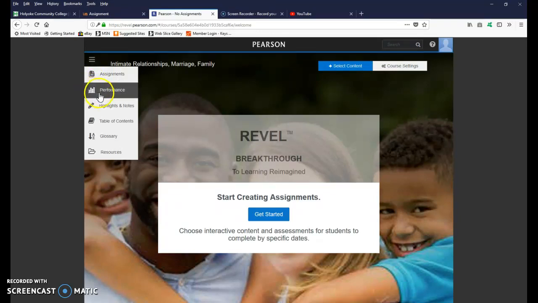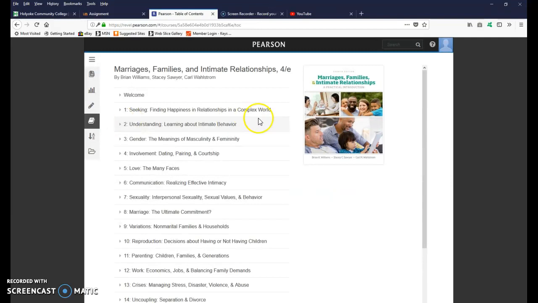Performance, this little graph, again, you don't have to worry about that. That would be if we were completing assignments through Revel. If you do any highlights or if you've written any notes in the text, this tab here will take you to those. But this is where I think everyone is going to be concerned, is coming to the table of contents. So it is the fourth selection down, the little book. If you click on table of contents, it'll take you to the table of contents for the text.